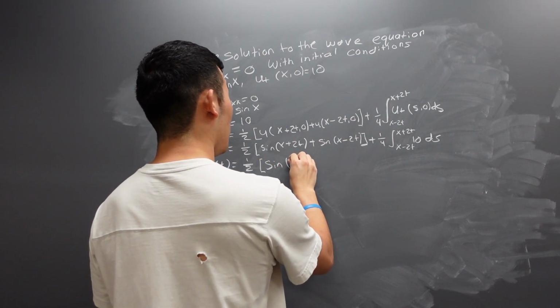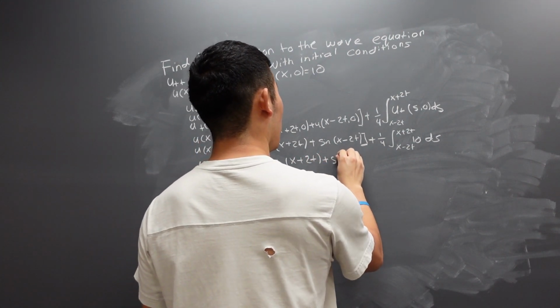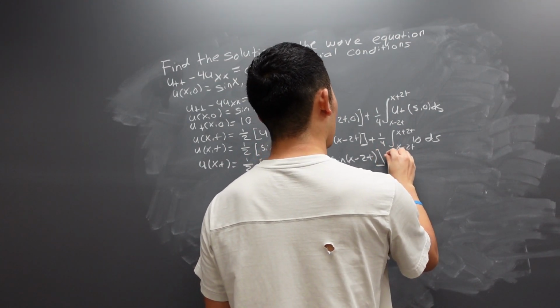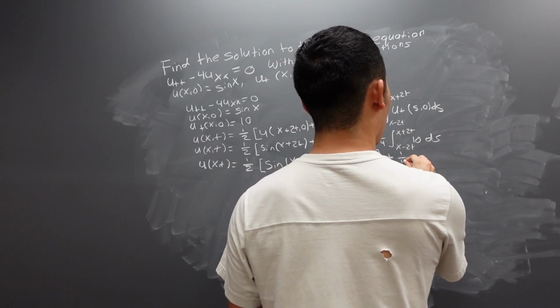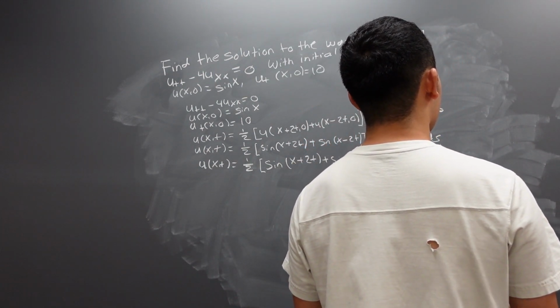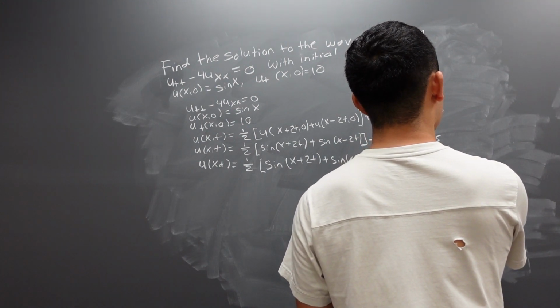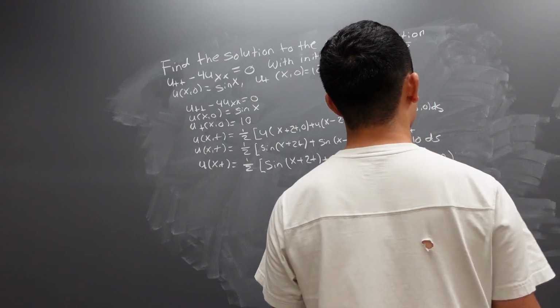Half of sine of x plus 2t plus sine of x minus 2t, plus 1/4 times 4t times 10.